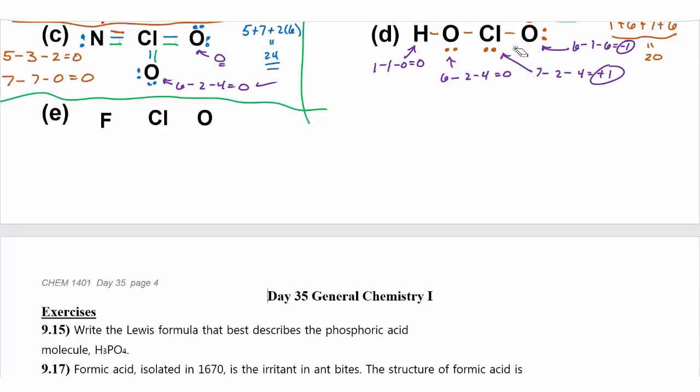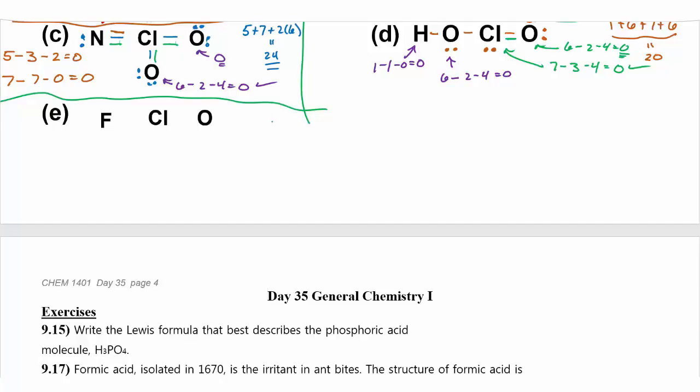So I would erase it, make a double bond, recalculate my formal charges now. This chlorine, I now have 7 valence minus 3 bonds minus 4 lone electrons, 0. Great. This oxygen, 6 valence minus 2 bonds minus 4 lone electrons, 0. Everything's 0. That's the best structure I can get for a neutral molecule.